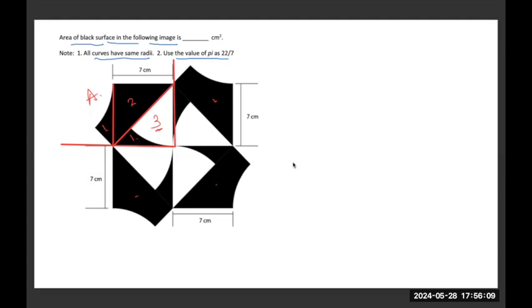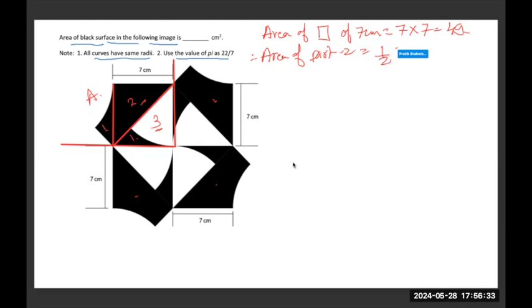So first we'll find the area of the square, which is 7 by 7. Area of a square of 7 centimeters is 7 into 7, which is 49. Therefore, area of part 2, which is this one, will be half of 49, the area of the square, which is 24.5.